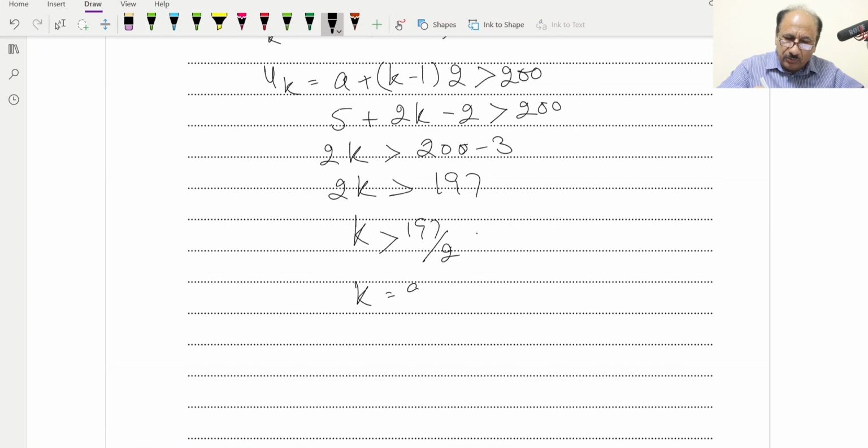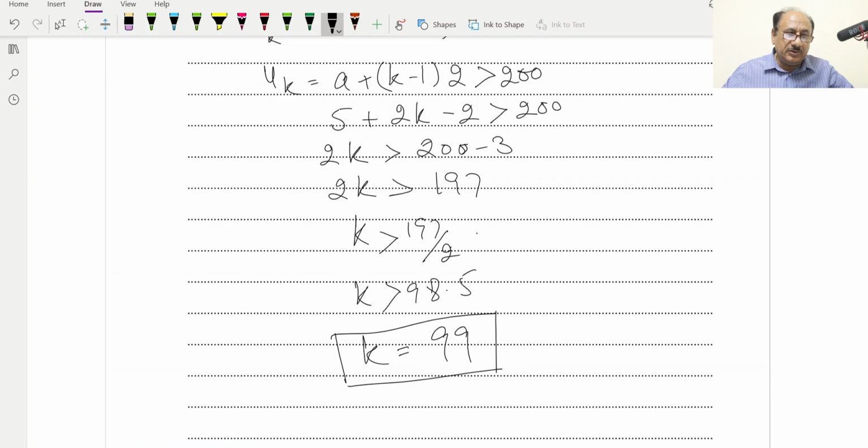So k is greater than 98.5, but we need the rounded value. So k, bigger than 98.5, we can take 99. So this will be the value which is required.